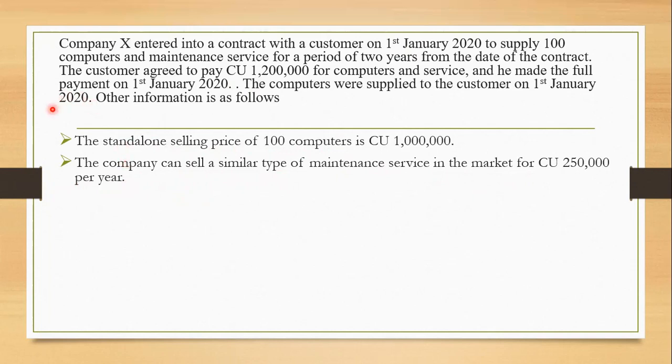What is meant by this? Basically, if we sell the 100 computers alone in the marketplace, we could have charged around 1 million. At the same time, if we sell a similar type of maintenance service in the marketplace, we could have charged 250,000 per year. These are the things they have provided to us.